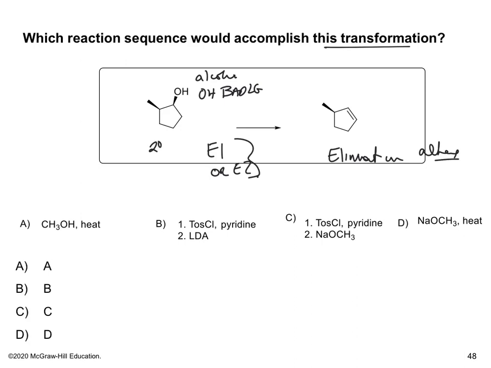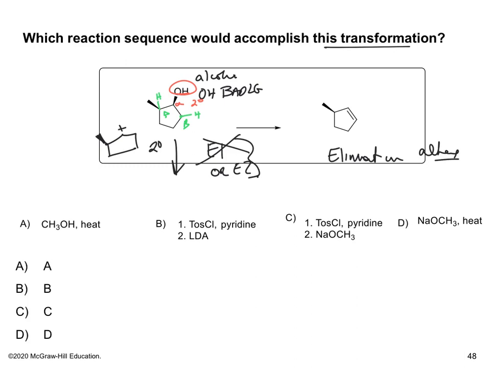And so I'm thinking it's not going to be an E1. Now I can see why. An E1 product will always be Zaitsev's. So if you do convert this into a good leaving group, that's your alpha, which is secondary. So where are your betas? This is a beta hydrogen, and this is a beta hydrogen. Well, let's say you get a carbocation from an E1.